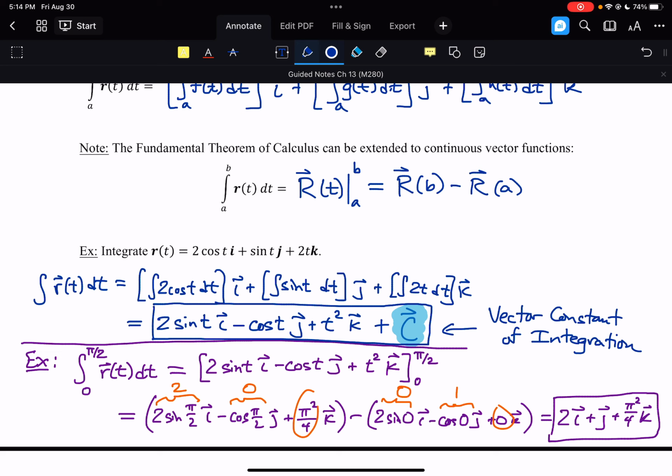So a lot of good properties in here, a lot of things to take note of, but hopefully this is fairly intuitive as we move forward and continue applying these to different properties in the upcoming sections. So that brings us to the end of section 13.2, and I will talk with you all very soon in the next one.